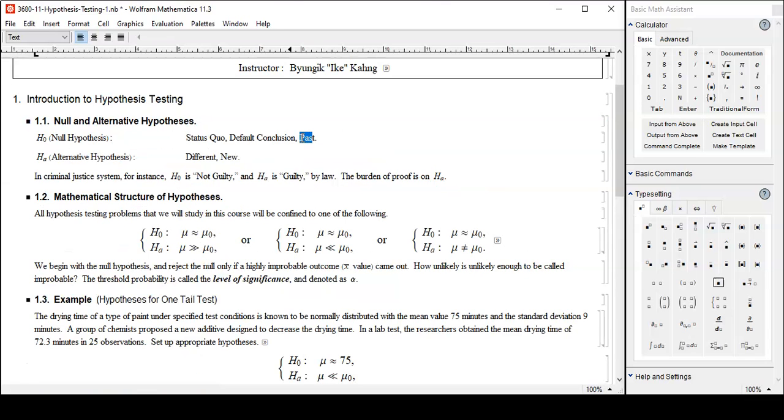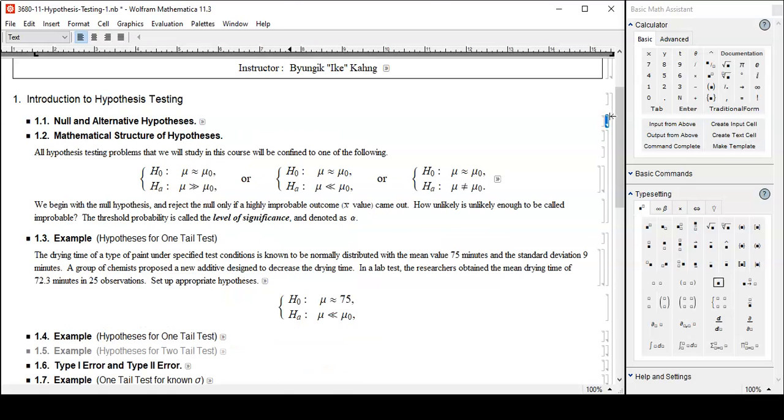Null is associated with status quo or past. Another way to look at it is null means none, nothing, and this came from something. This came from the sample. 72.3 minutes came from the sample. It didn't come out of nowhere. 75 minutes, this one came out of nowhere. Not from the sample. That's a good way.